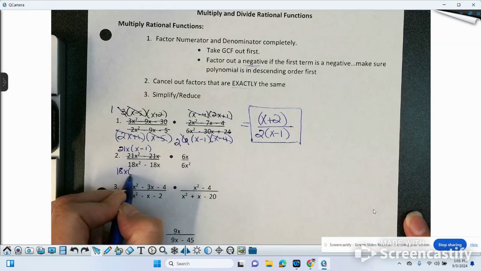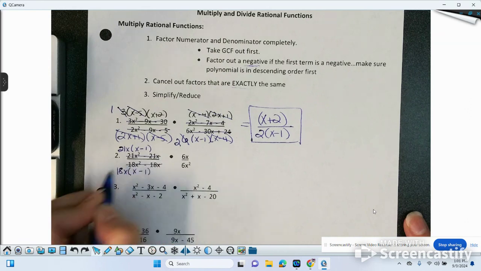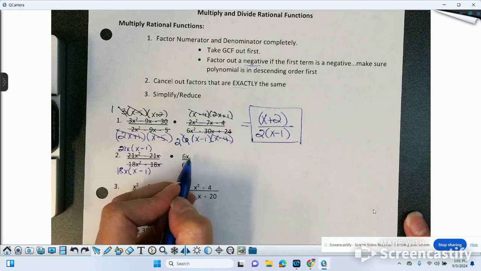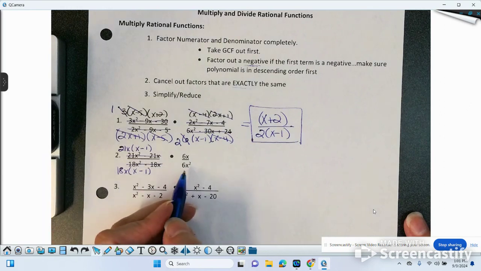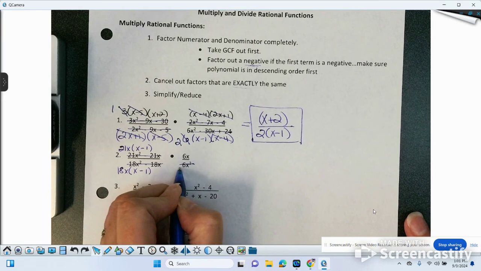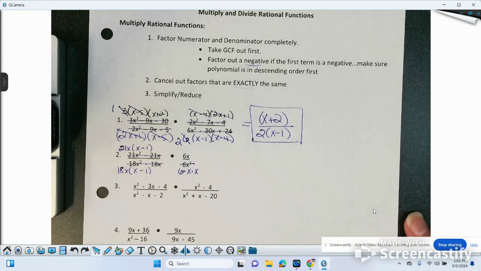And I'm going to be left with an x minus 1 in the bottom. And then over here, this is 6 times x and 6 times x squared. So I can't really factor that out anymore unless you want to rewrite this as 6 times x, because that might be a little bit easier to cancel out the x above.